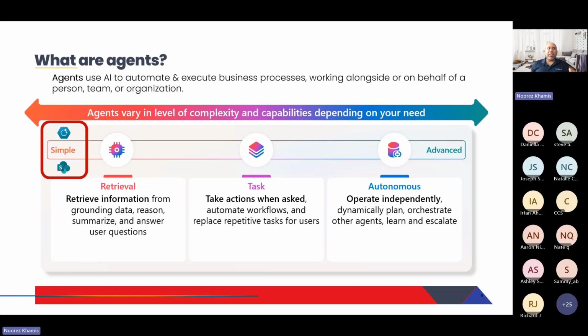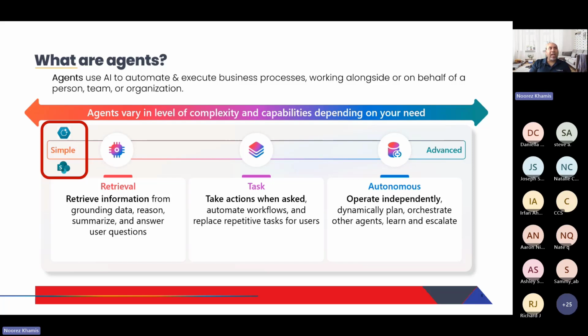Agents are really your AI assistants, and they're going to help you optimize your business processes and enhance productivity across all areas of your business. They're available in a wide variety of capabilities and tools, and they have different levels of complexity depending on your organization's needs.